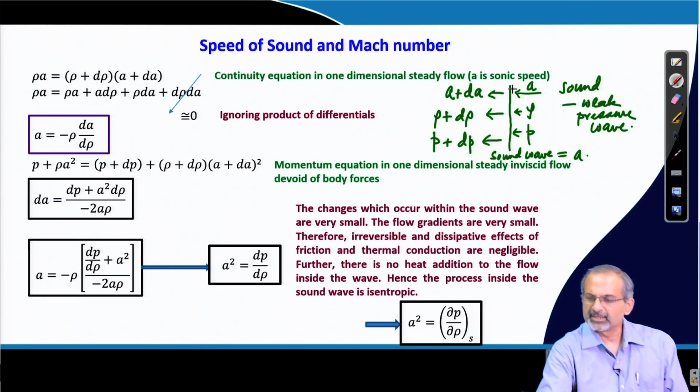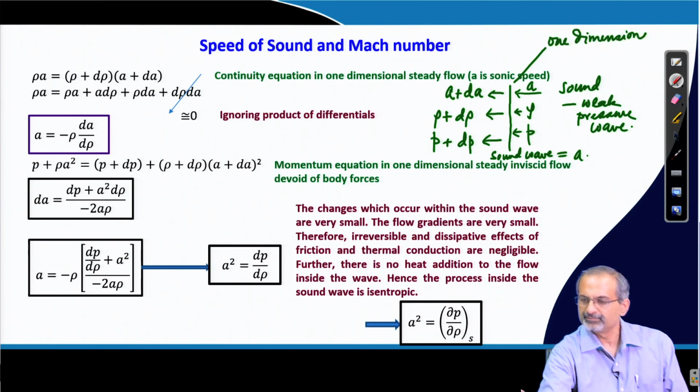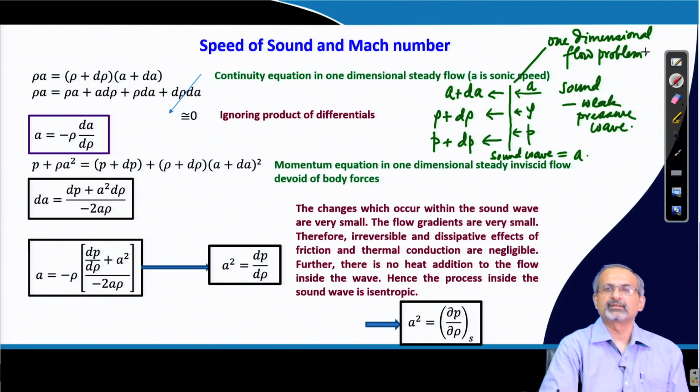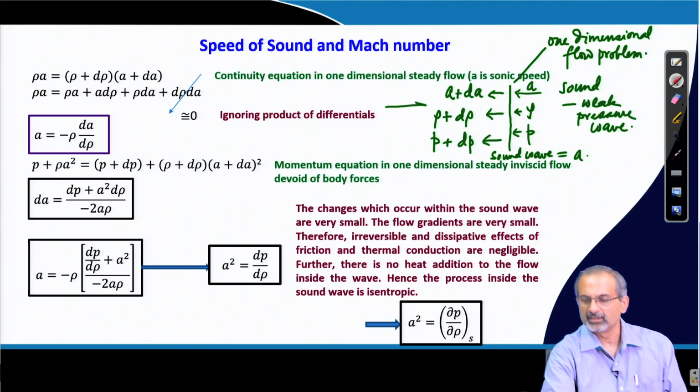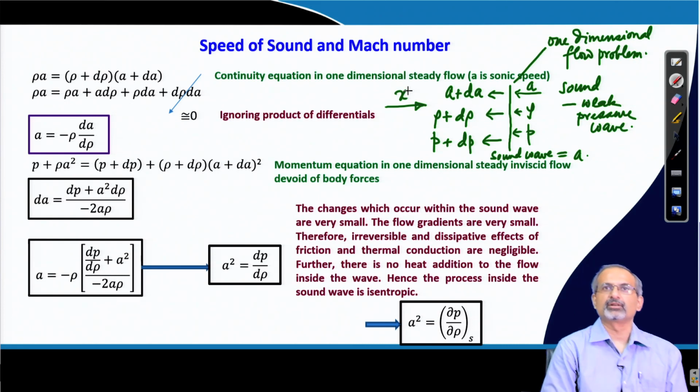Now, this is basically a one dimensional flow problem. You do not see changes in properties along y or z. You can only see changes along this direction, which we can call the x direction.